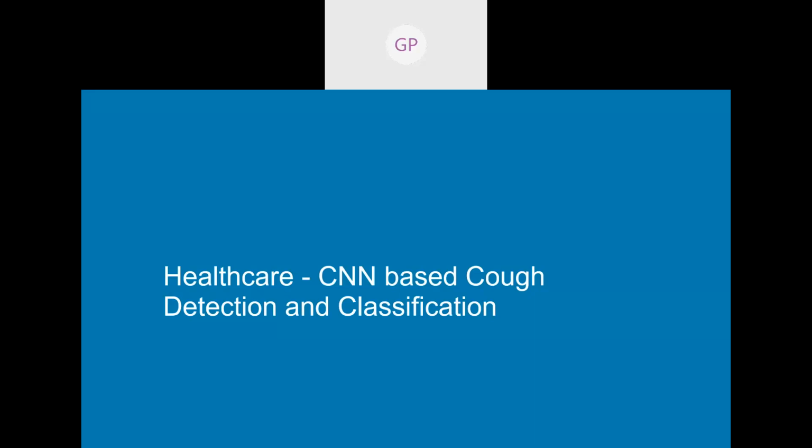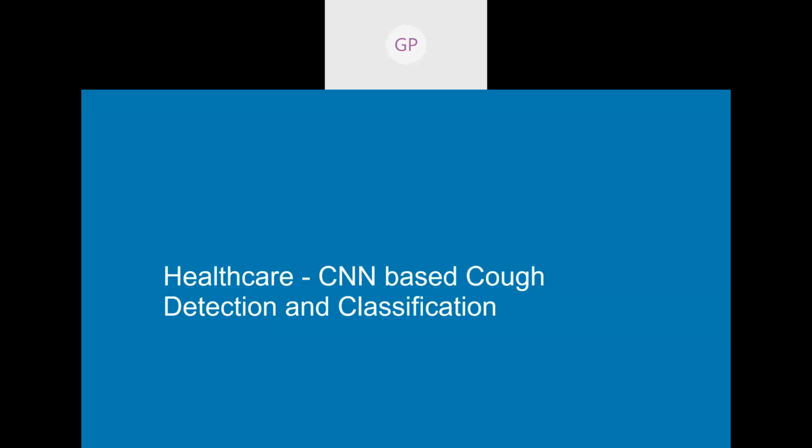So what we did was we wanted to help out with the current situation, which is the COVID-19 pandemic. And this is one of the larger set of use cases which we are trying to build in COVID. This particular use case is a deep learning convolution neural network based cough detection and classification.